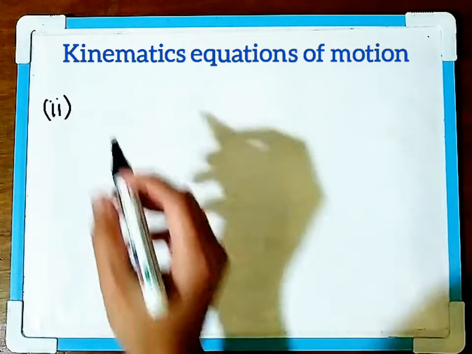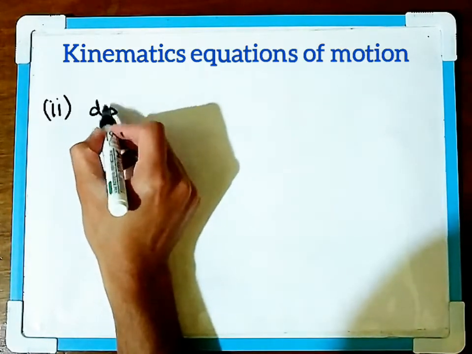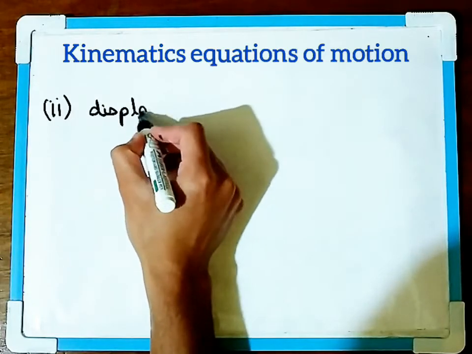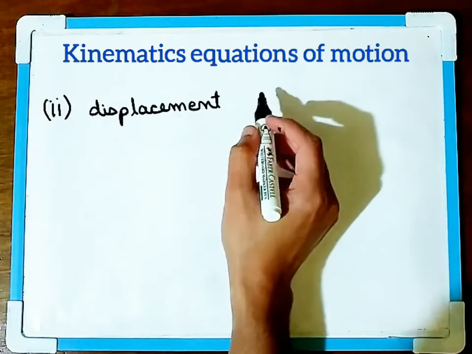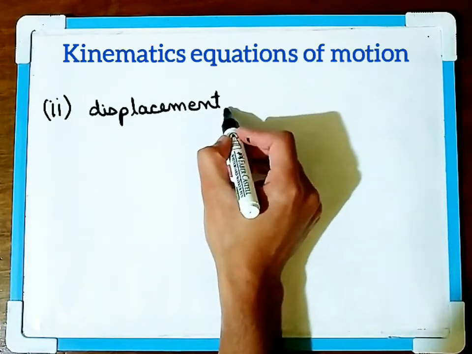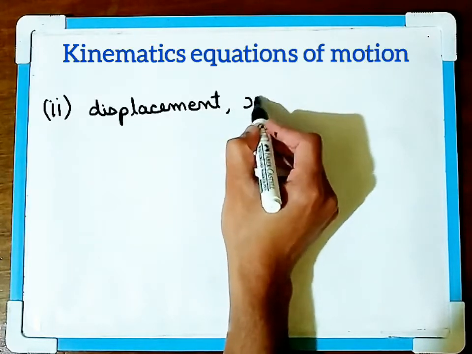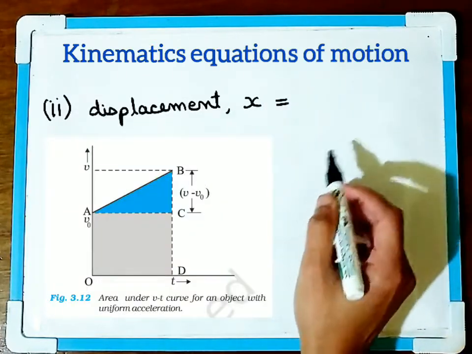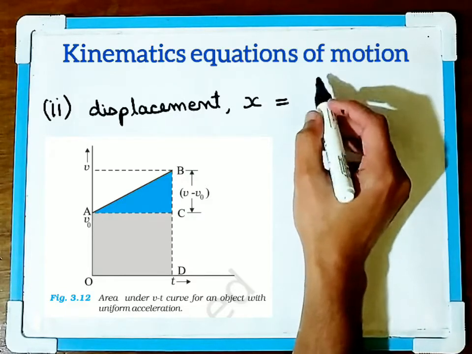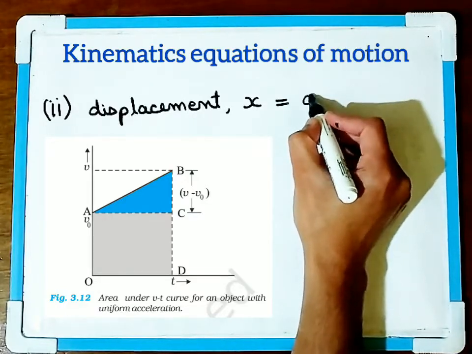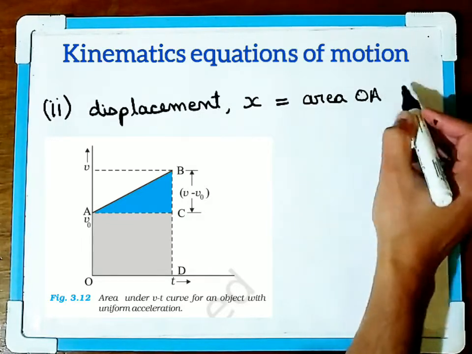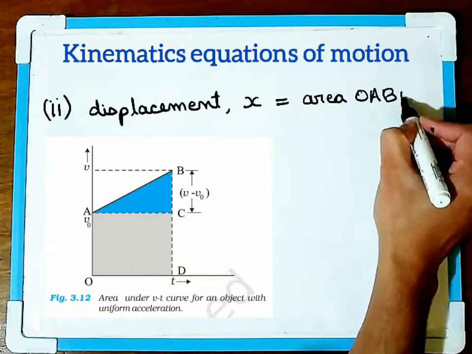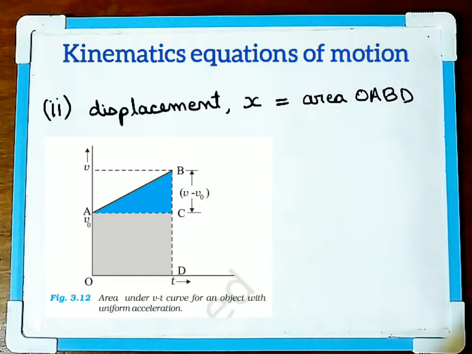So the displacement, denoted by x, is the area OABD.